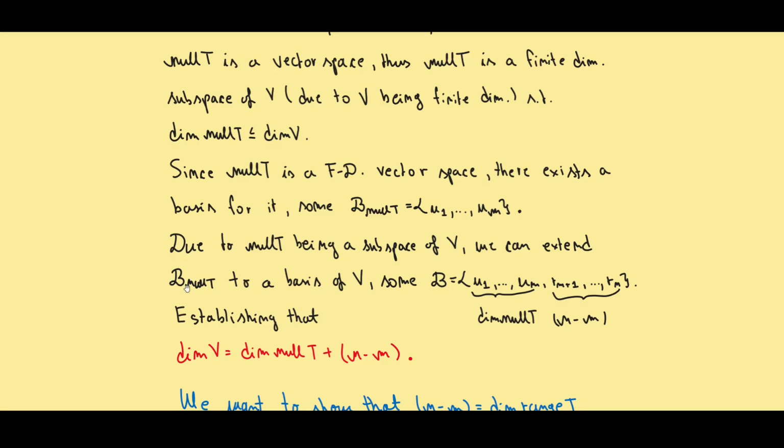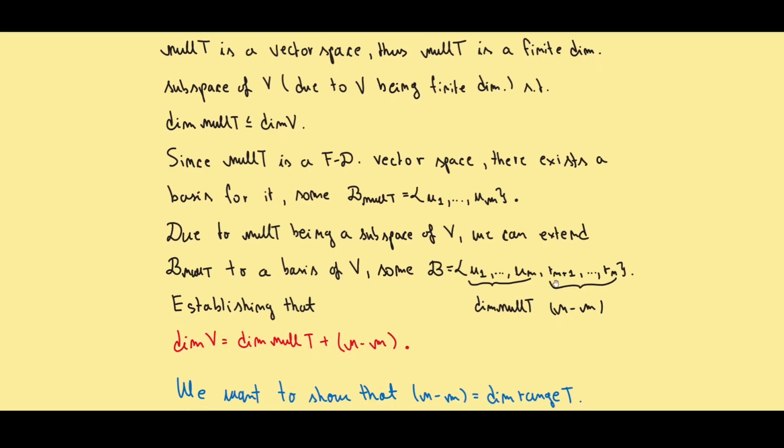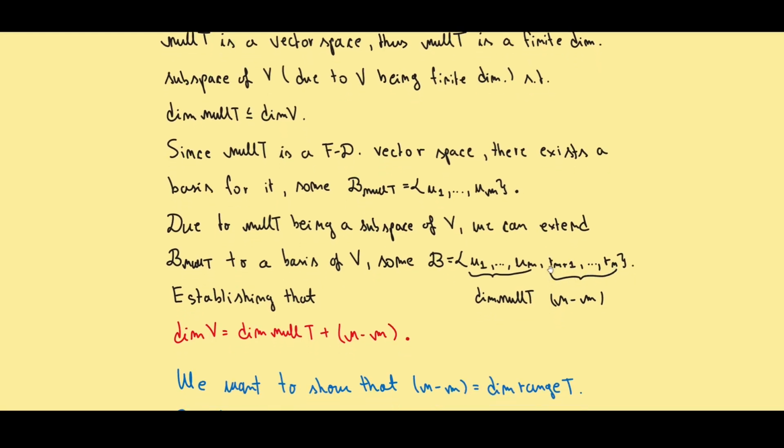So we expand B of null T to some B which contains, well, our original starting vectors, so u1 all the way to um, and then we add some more vectors to it until we get a basis, so r(m+1) all the way to rn.